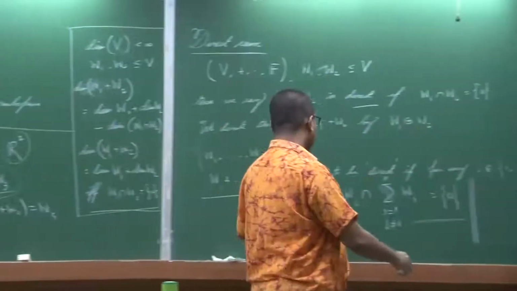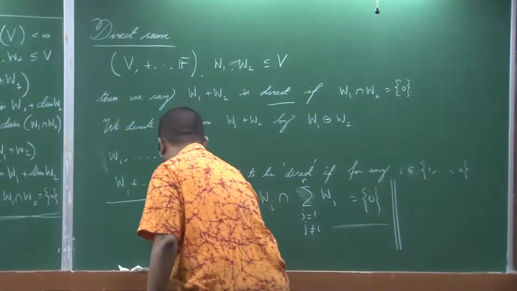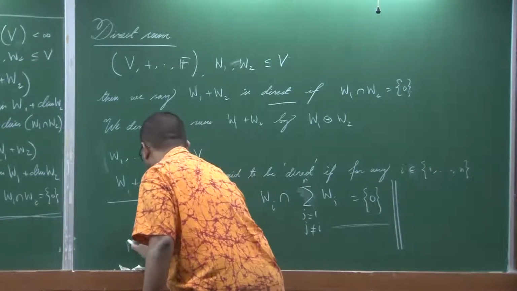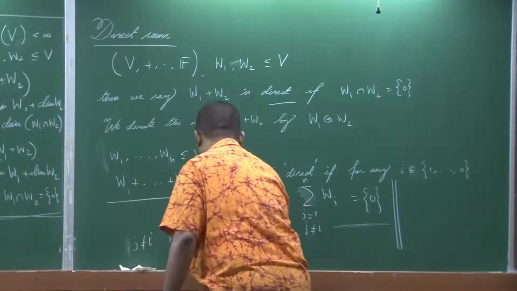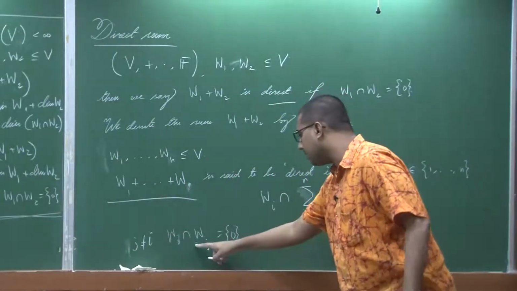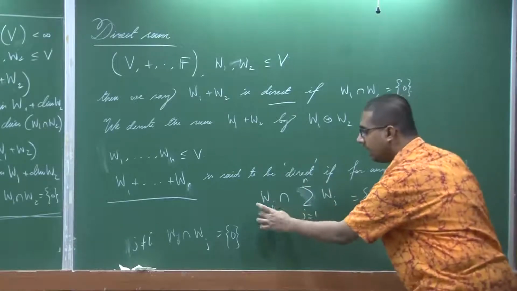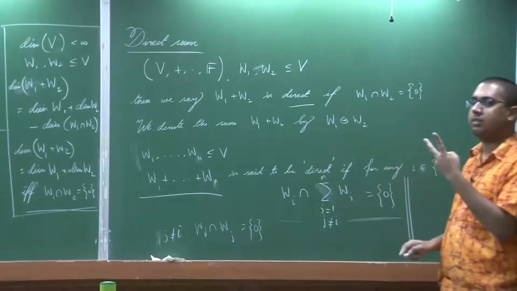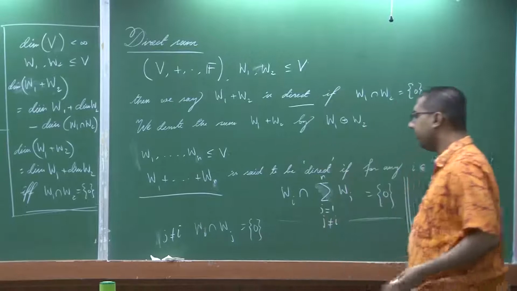But if you have the direct condition, then certainly the intersection of Wi and Wj for any j not equal to i is always trivial, because any member in Wj is also a member in the sum, so it cannot lie inside Wi unless it is 0. So, this implies that pairwise intersection is trivial, but this is actually a stronger condition.